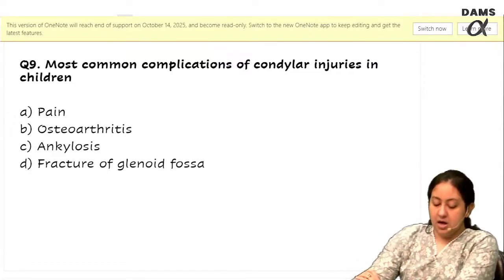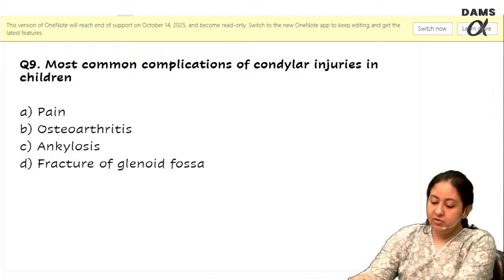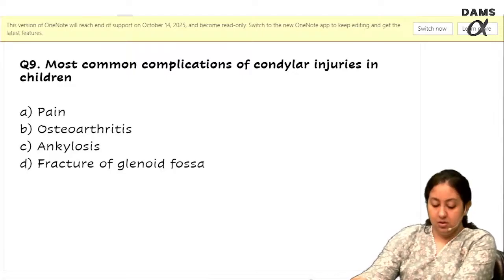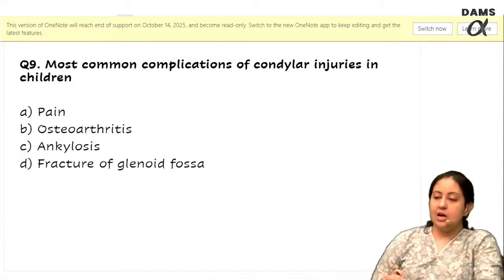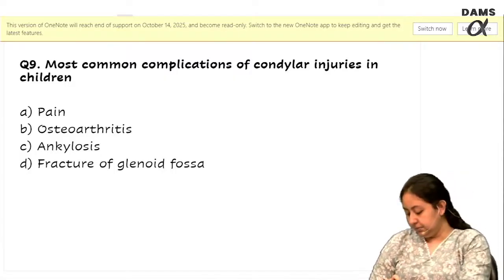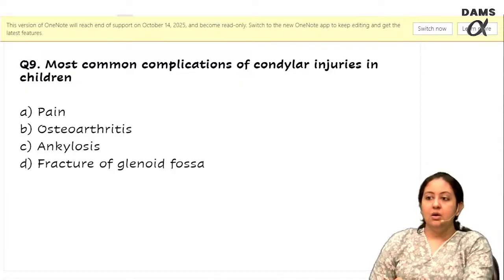Coming to question number 9, most common complications of condylar injury in children: A, pain; B, osteoarthritis; C, ankylosis; D, fracture of clinoid fossa. So what would be the correct answer here?